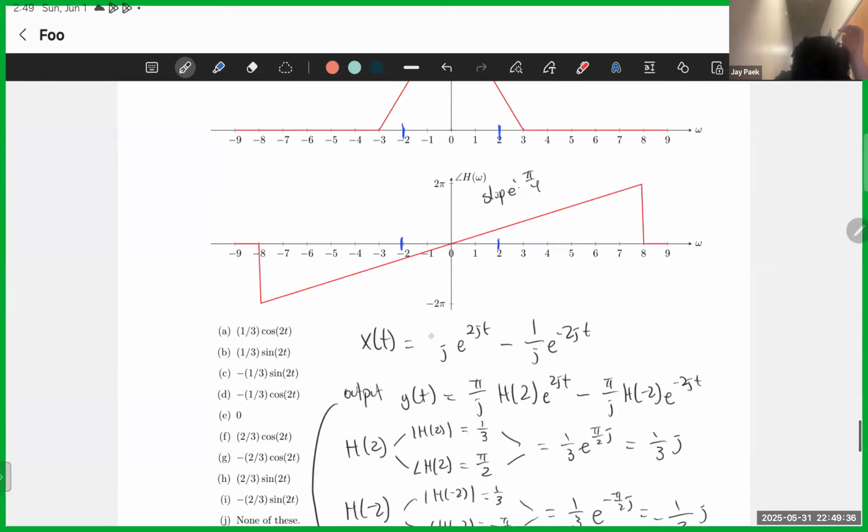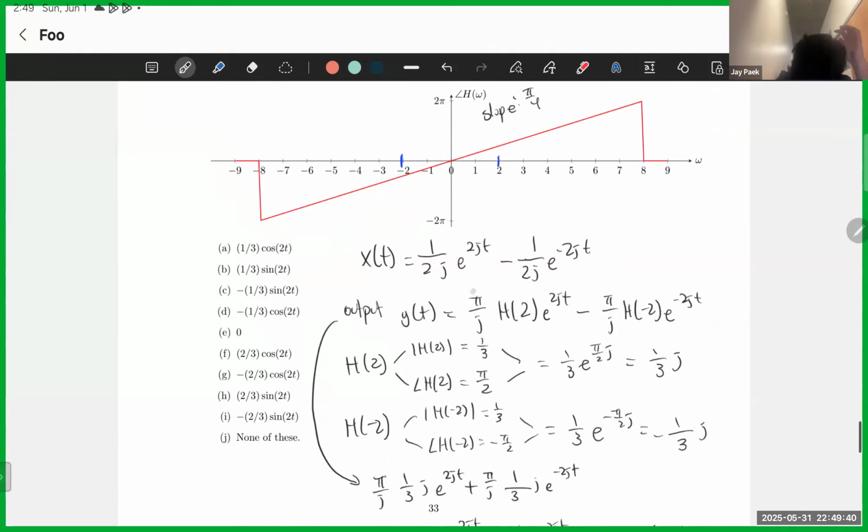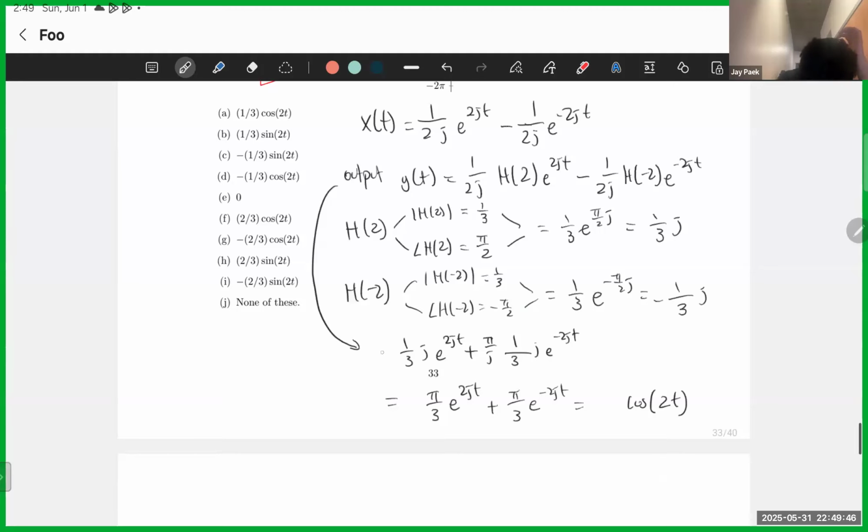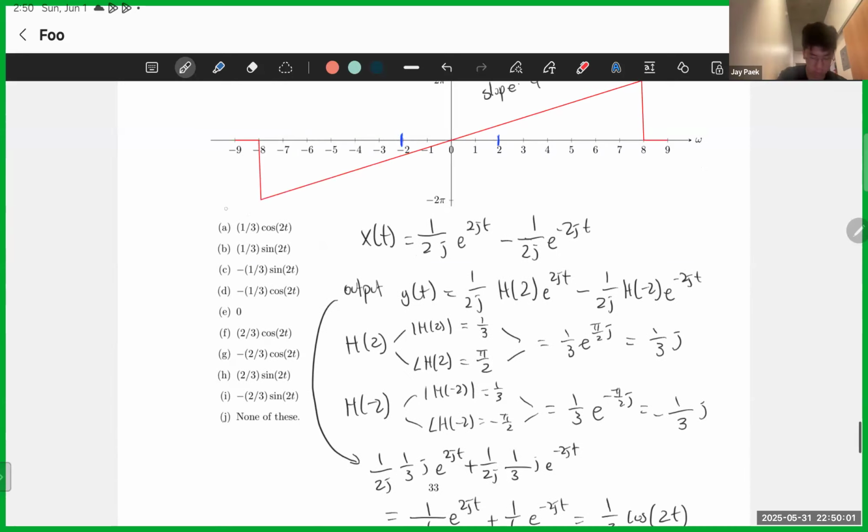Sorry, I need to fix all my numbers here. There we go. 1 over 2j. 1 over 2j. Get rid of that. 1 over 2, 1 over 6. And therefore that is just 1 over 2, 3. There we go. And then we obtain our final answer.